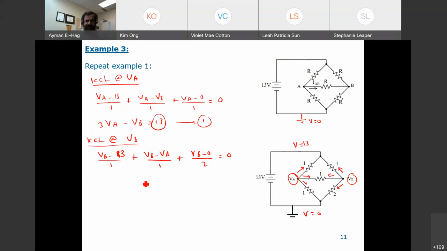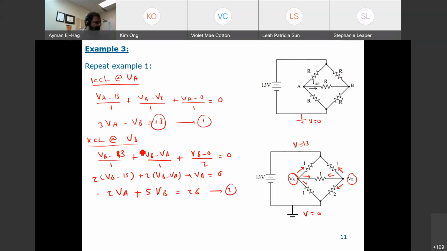Now, let's multiply by 2 to get rid of this 2. So this becomes 2VB minus 26 plus 2 times VB minus VA plus VB equal to 0. Let me add terms. We'll have minus 2VA plus 2VB and VB, 5VB, and this is equal to 26. This is your second equation.